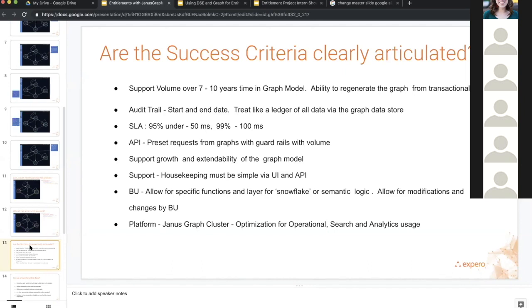We had SLAs for those transactional queries I quickly went through, like the accounts that an identity can access, of 50 milliseconds or less, given realistic transactional loads. So fairly stringent criteria. And then a P99 of 100 milliseconds.